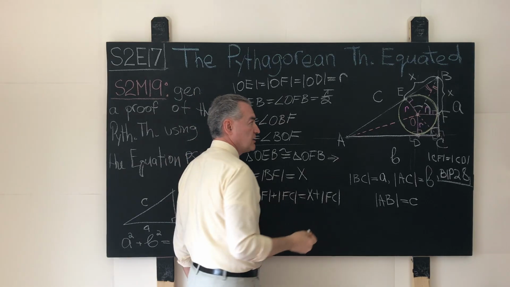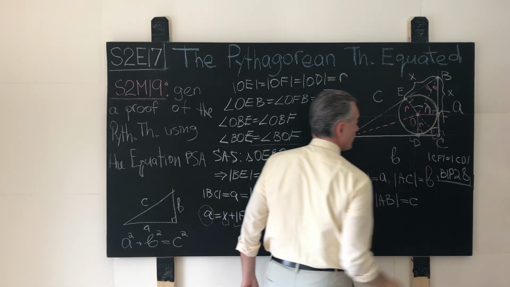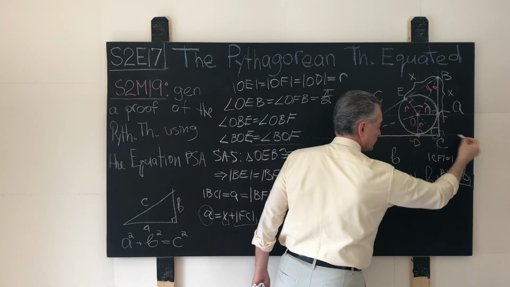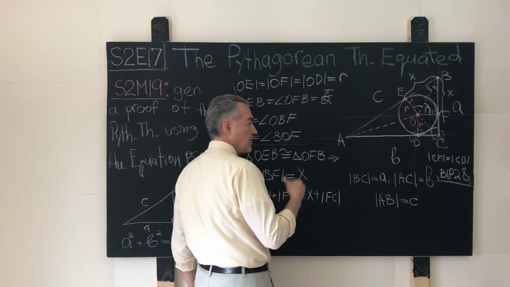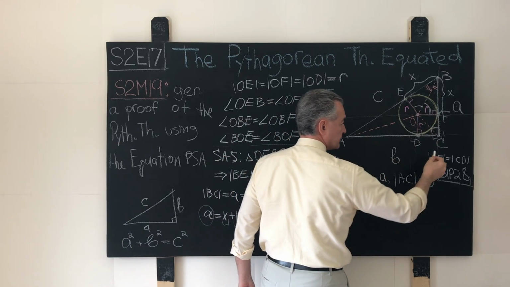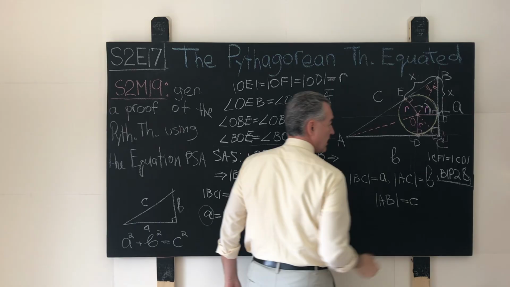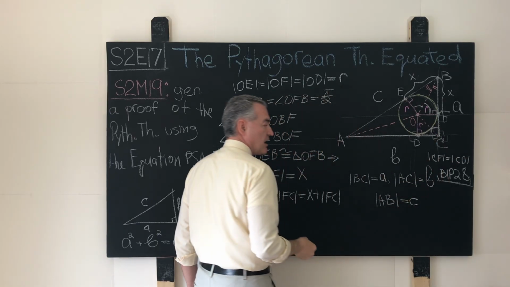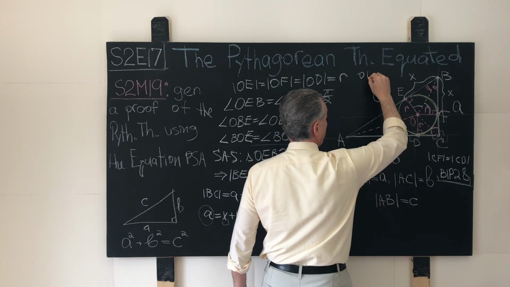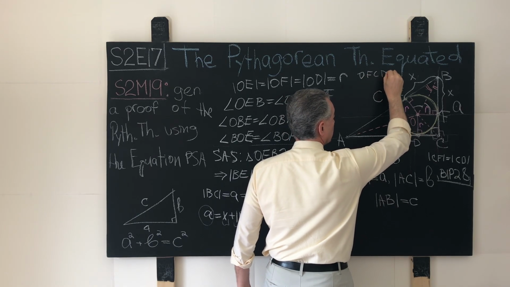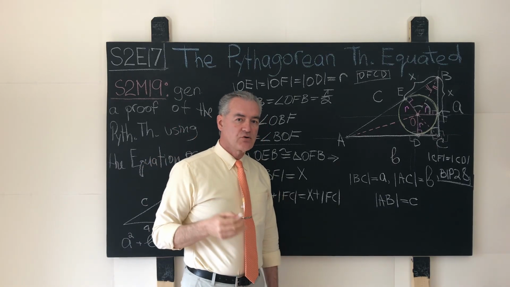Likewise, we can show that the straight line OF and the straight line AC, two straight lines falling on the same straight line BC, fall on it in such a way that the exterior angle at C is the same as the opposite interior angle at F. That means that these two straight lines are parallel as well, and that means that the shape O, F, C, D, this shape right here, is at the minimum a parallelogram.